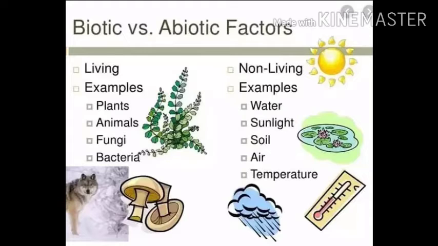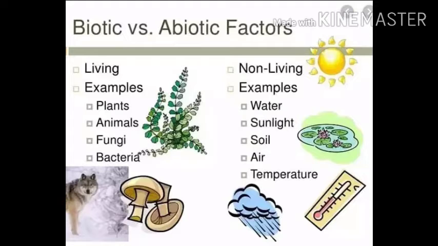Okay, now see the difference between this biotic and abiotic. What are the differences? See, biotic factors, living things, they can breathe and grow. Yes or no? Plants can breathe and grow. They need food to live. Yes, animals need food to live.